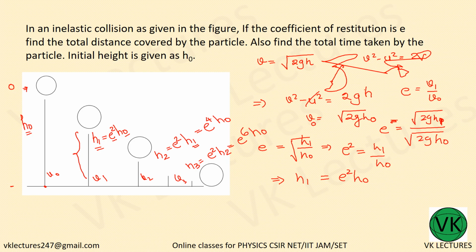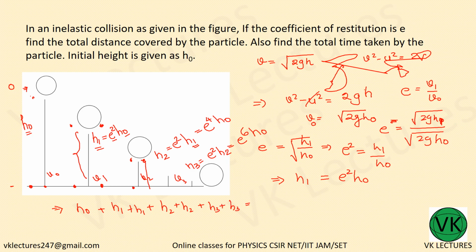Fine. Now the total distance covered will be, it's an infinite series, so from here to here h naught, fine, from here to here h1, again from this point to this point plus h1, plus from here to here h2, again the same distance will be covered plus h2, plus h3, again plus h3, and it goes on.